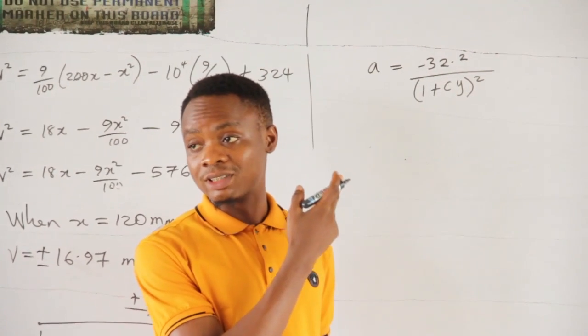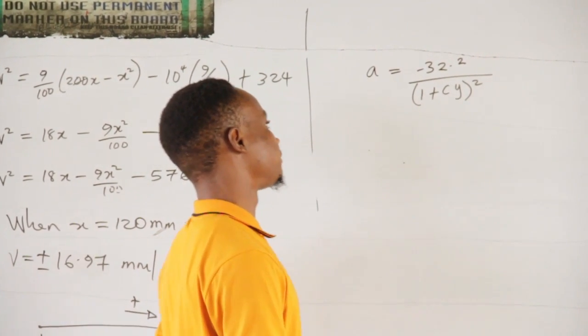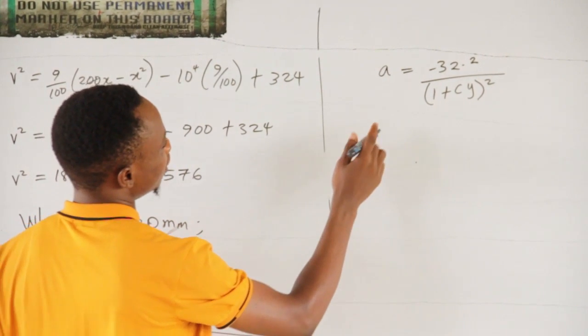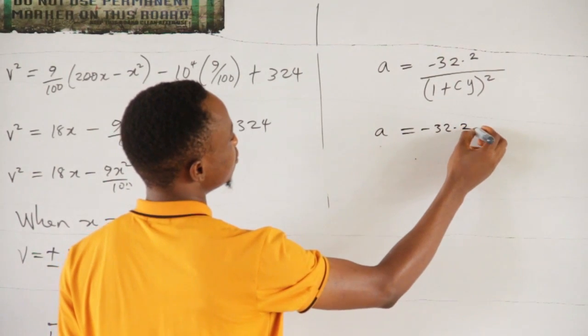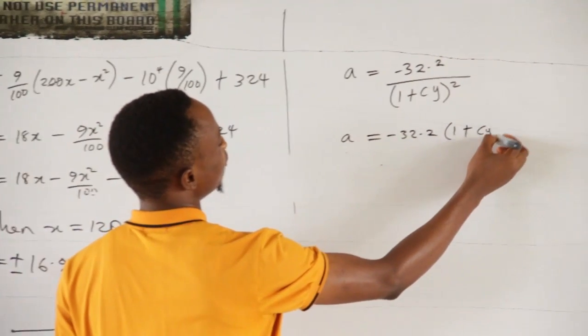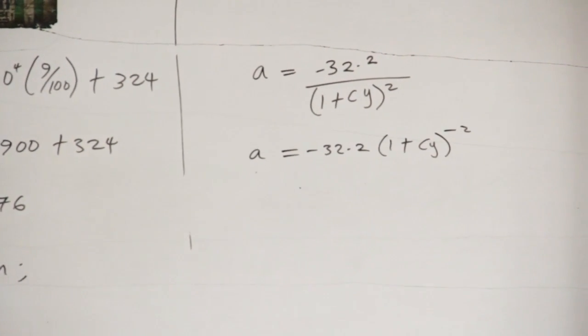Will you be able to integrate something like this if you are given a equal to minus 32.2 times 1 plus cy to the power minus 2? Can you integrate this?